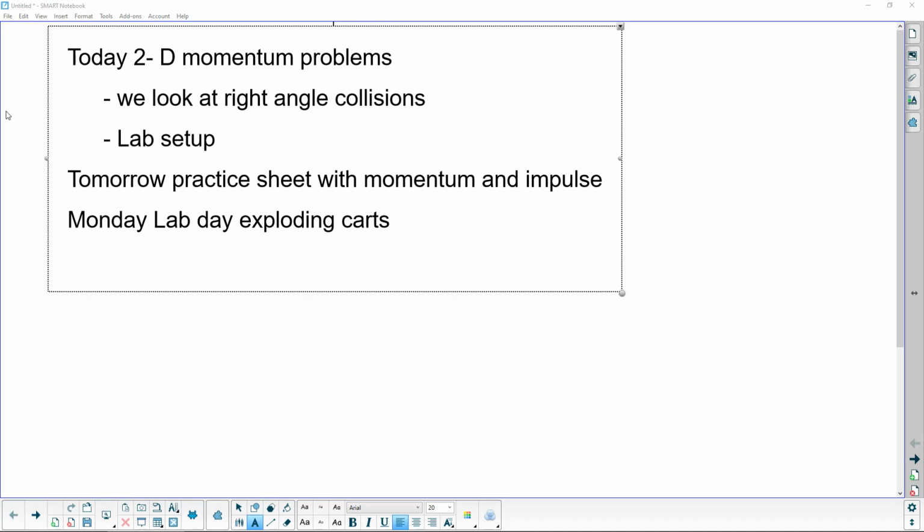So today that means we're going to look at the two-dimensional momentum problem. We only look at one particular type, and that's right-angle collisions, and how they translate into two-dimensional momentum problems. So that's what we're going to start with today.